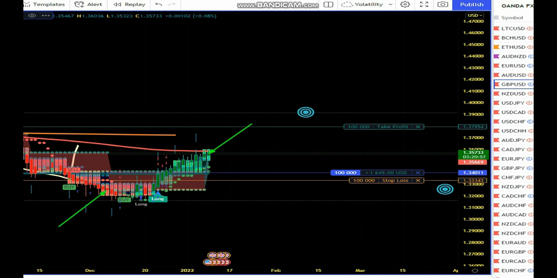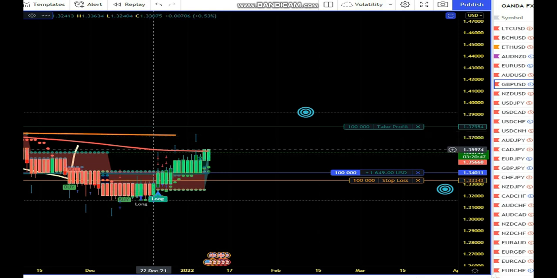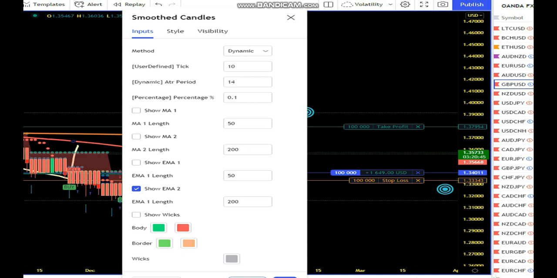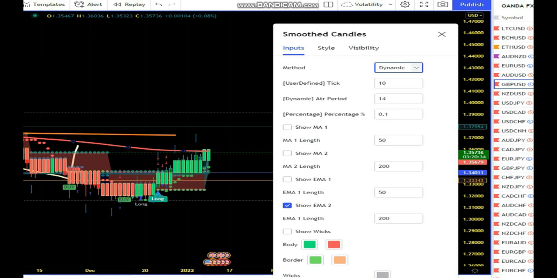All right. So then I have some other indicators with this smooth chart. If I click on that, oh yeah, very nice. This is the smooth candles. So the method is dynamic, right? I will show you now what will happen if we change that to percentage.